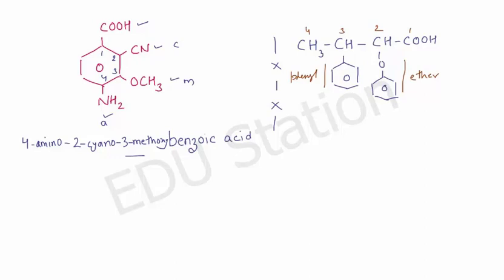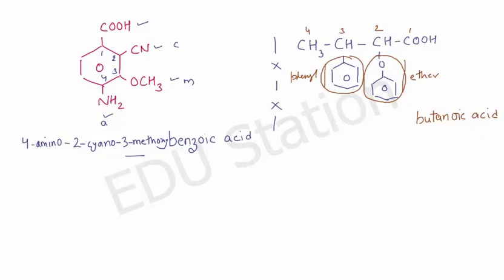So if you number this, it will be 1, 2, 3, 4. The end would be but, all single bonds between carbons, ane, oic acid. Since acid is always at the end, you may not write 1. If you're writing 1 also, then also it is correct. So it is butane-1-oic acid or butanoic acid. Now you're left with two things over here.